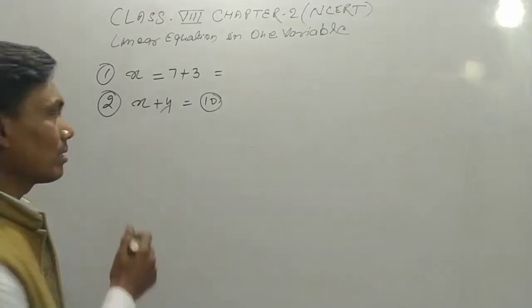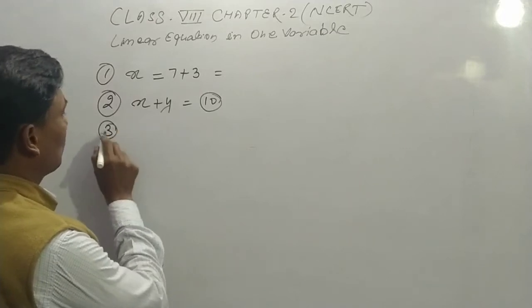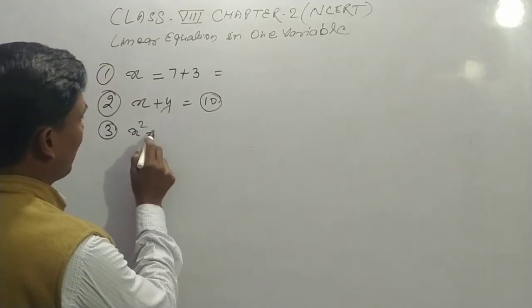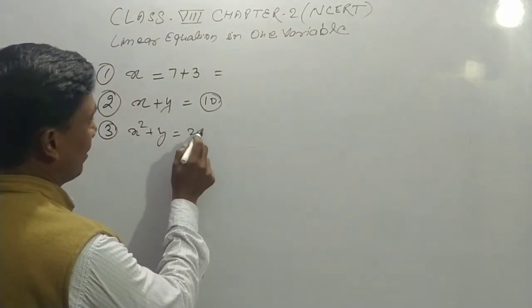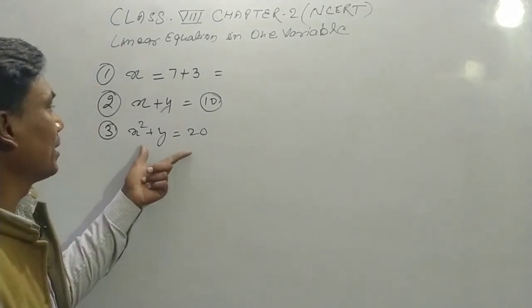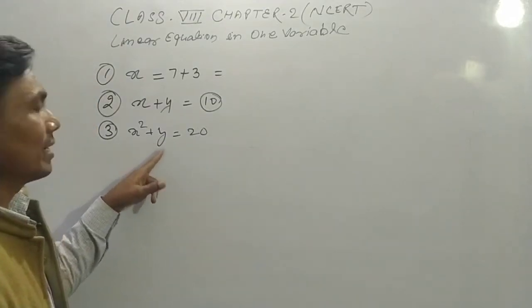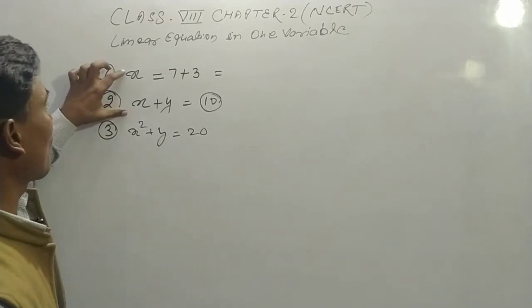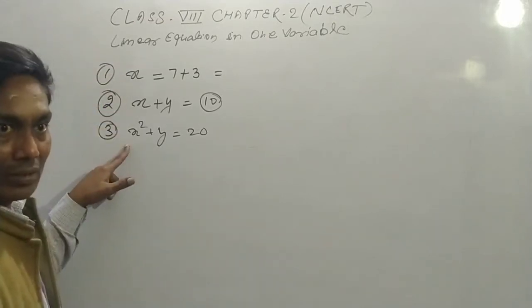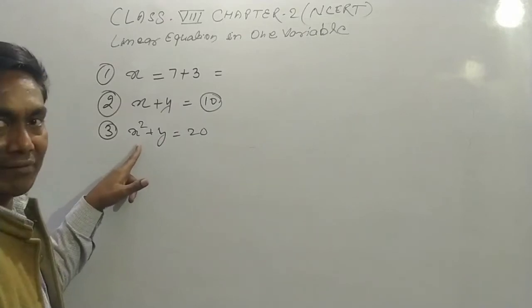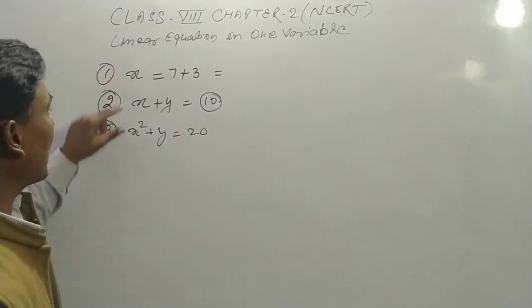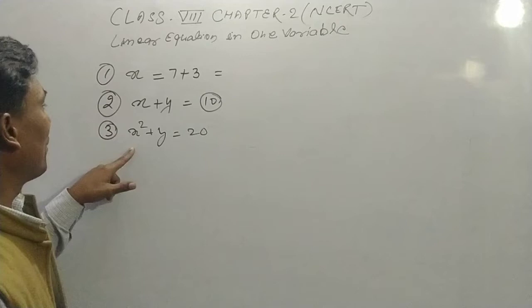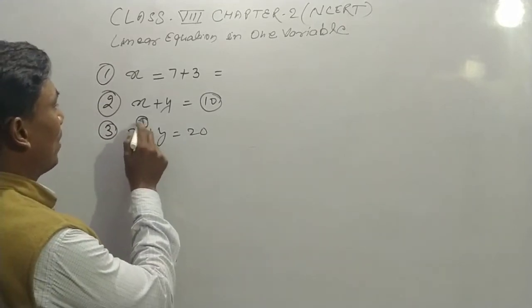Let's come to the third example. The third example is x² + y = 20. After considering this third equation, we can easily see that it is different from the first and second equations because the power is different.